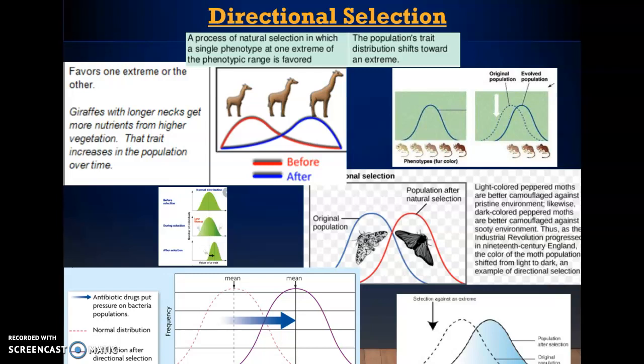But as time has gone along and different practices have not been followed correctly, we tend to see more bacteria that are drug resistant. Today we call those superbugs. Some of that is attributed to people not taking antibiotics in the correct course that they're supposed to take them, or overprescribing of antibiotics. So directional selection, favoring one extreme or the other.